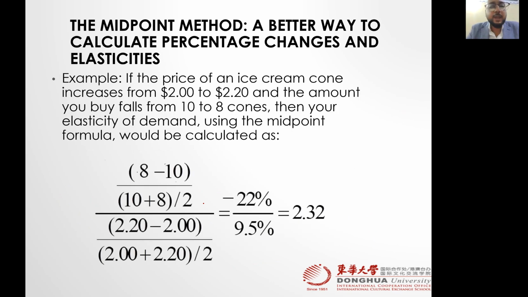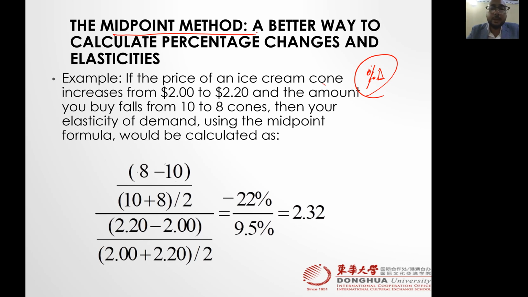So we have an example here. So remember, whenever we want to calculate the elasticity, always use midpoint formula to calculate percentage change. Always calculate percentage through midpoint formula, right?